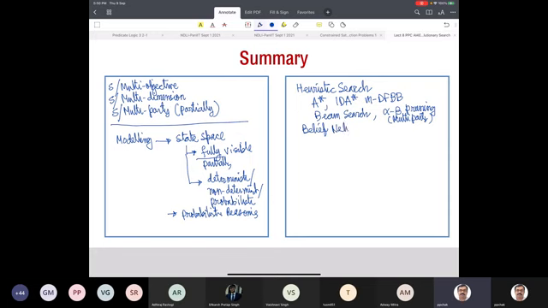Then we saw belief networks. We discussed local search. Briefly talked about stochastic search. And we also looked at evolutionary or genetic algorithms.